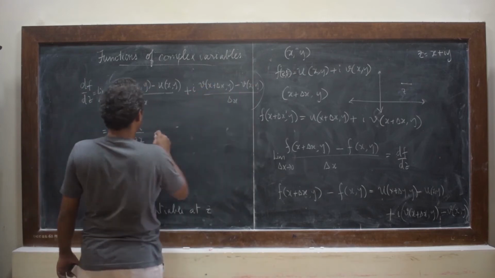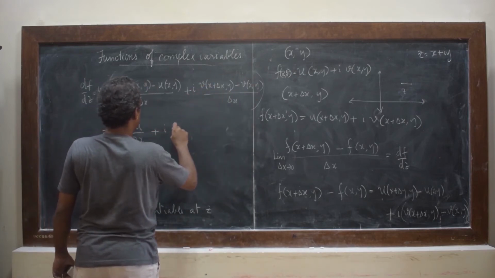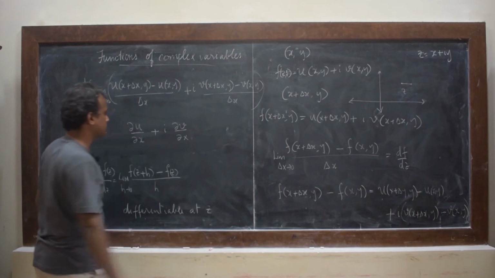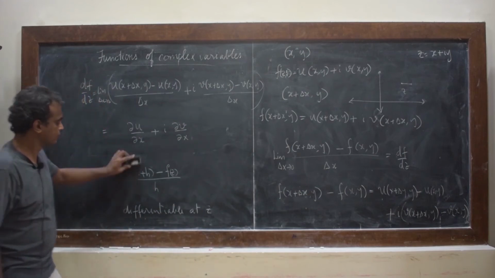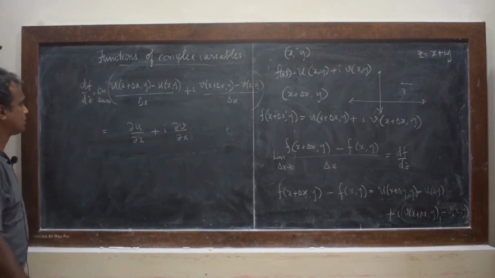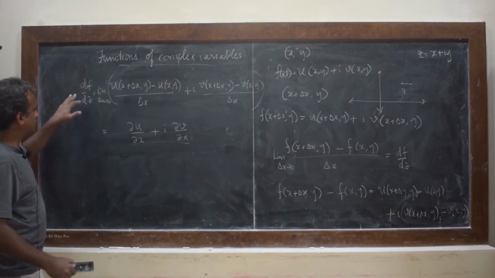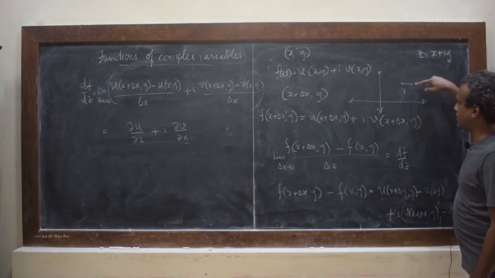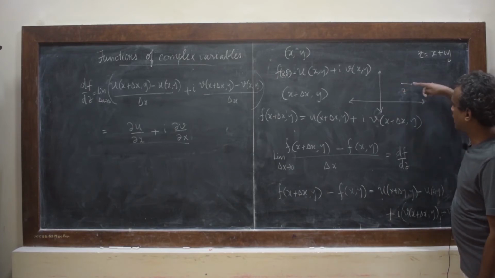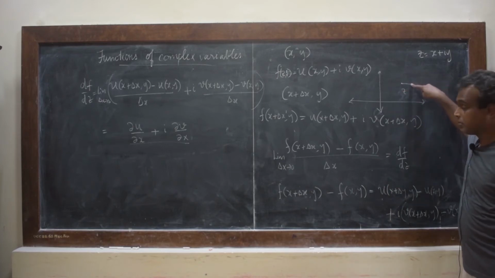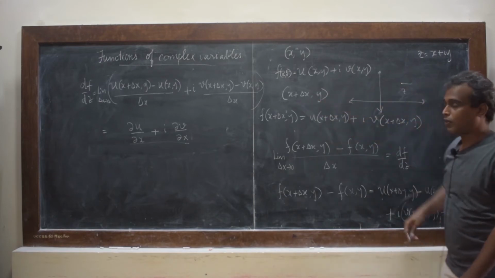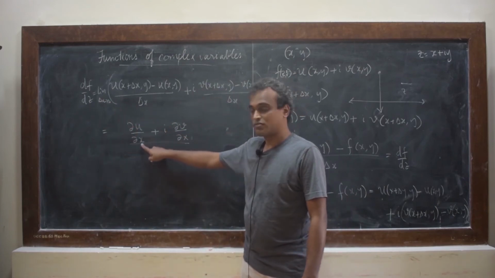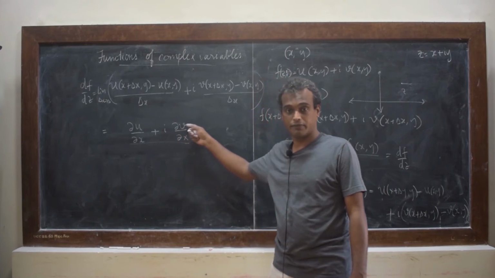Similarly, this term should give us the partial derivative of v with respect to x. So, as I find the derivative by approaching the point z by taking the limit delta x tends to 0 from a neighboring point with coordinates x plus delta x and y, the derivative must be equal to partial derivative of u with respect to x plus I times the partial derivative of v with respect to x.